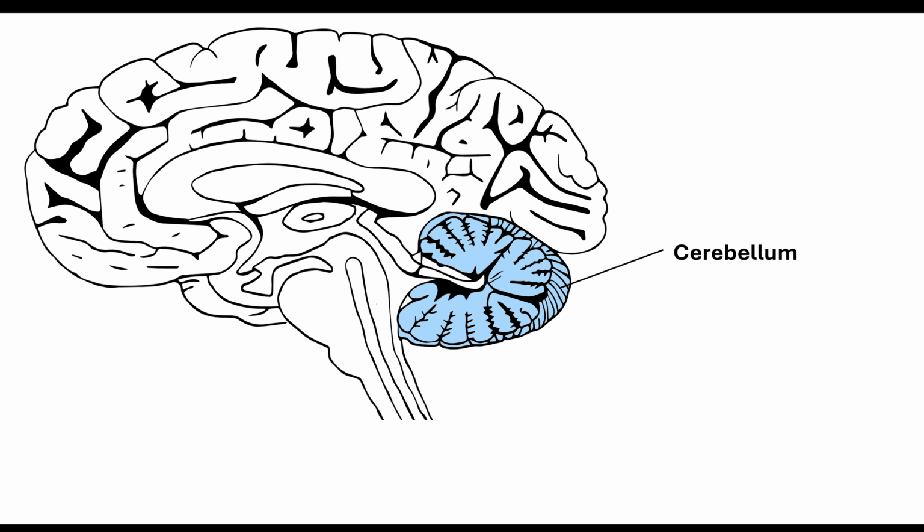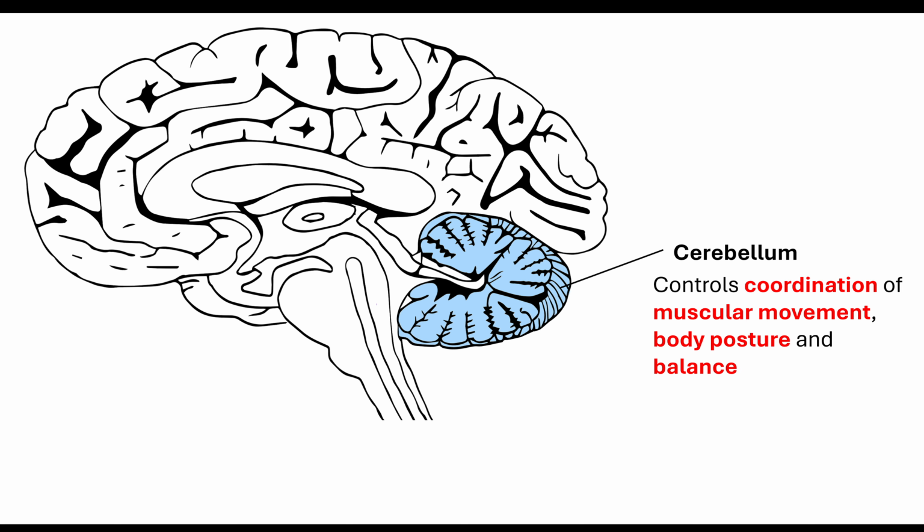Then we'll move on and look at our cerebellum. Our cerebellum is at the back and at the bottom of the brain. It controls the coordination of the muscular movements, the body posture, and our balance.